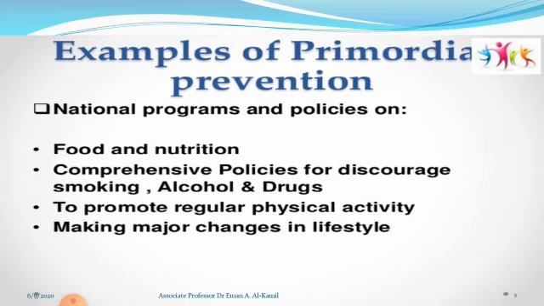For example, in some countries they prevent putting salt on the dining table, so individuals will not add extra salt to the food, and this will decrease the risk of hypertension, for example.